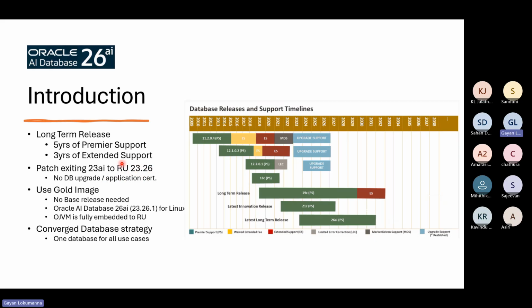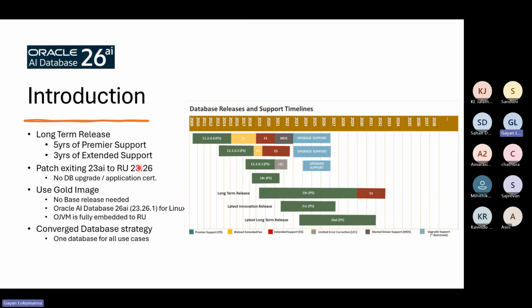So if you have been a cloud customer running the 23 AI version, having applied the RU patch of 26 will take you directly to 26 AI. So there is no major version upgrade required, right? There is no testing or certification required as well, because it is going to be just another patch that you are applying.